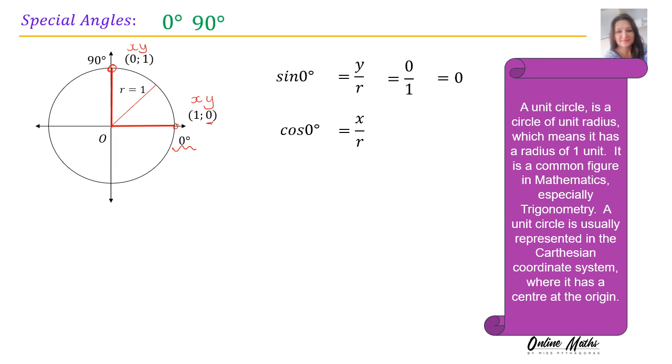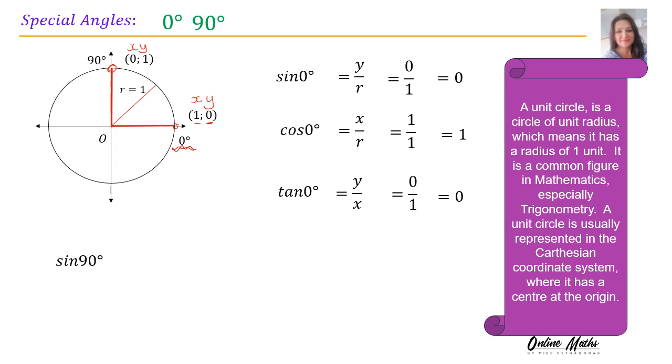So there at 0, your x is 1 and your r is 1. Therefore, cos 0 is 1 over 1, which is 1. Tan 0. Tan's ratio is y over x, and then y's value is 0 over 1, which is 0. Therefore, tan 0 is 0.